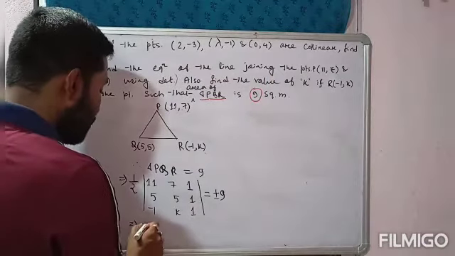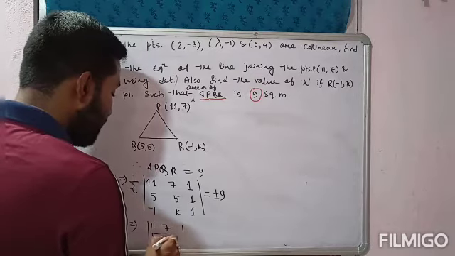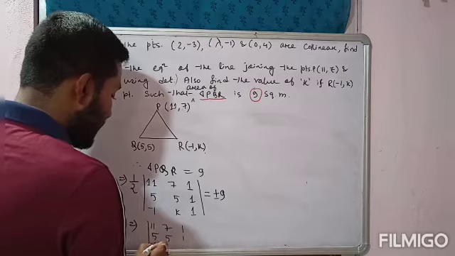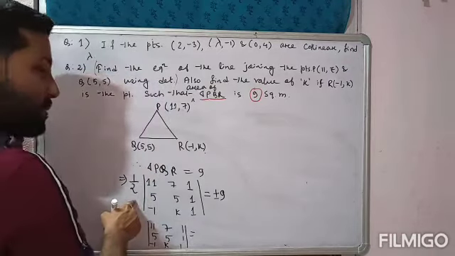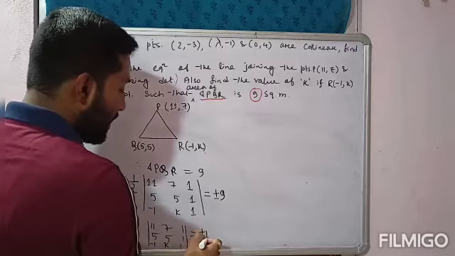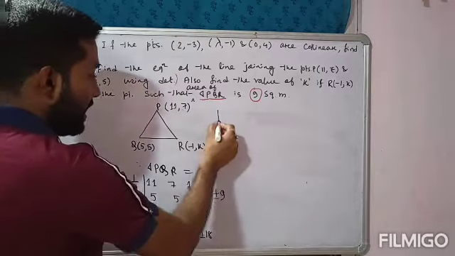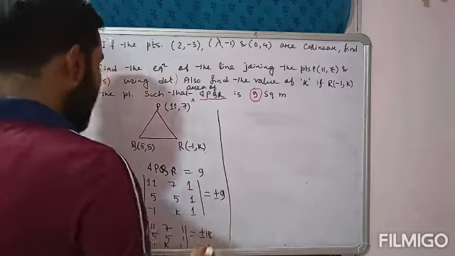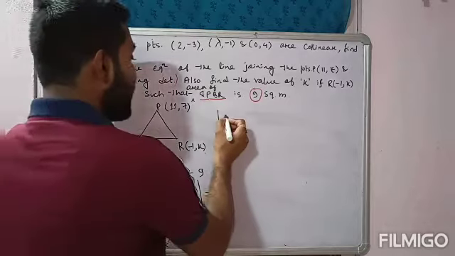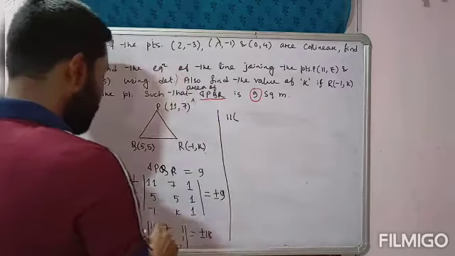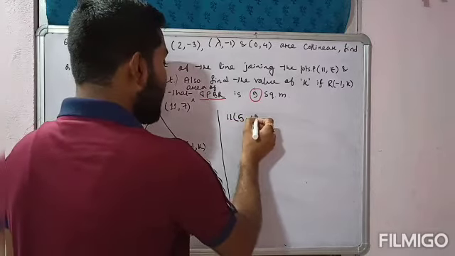So this is equal to determinant 11 7 1, 5 5 1, -1 k 1. If we cross multiply, this will become ±18. Now expand it along the first row. The first element is 11, so 11 into, deleting the position of 11, 5 minus k.